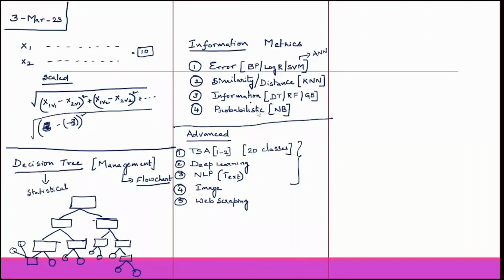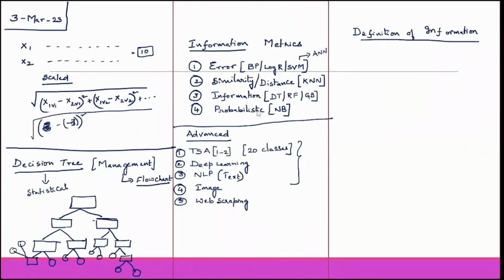Coming back to information-based learning, there should be some kind of definition of information. Only then are we talking about information-based learning. So how do I measure this information?